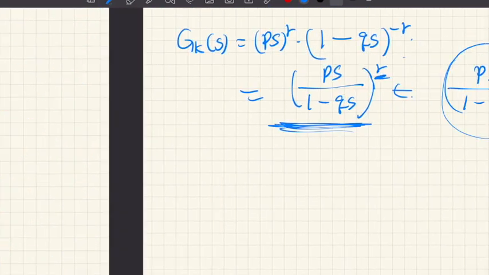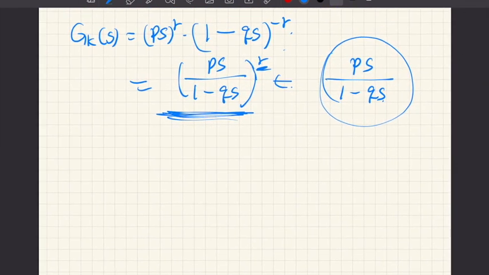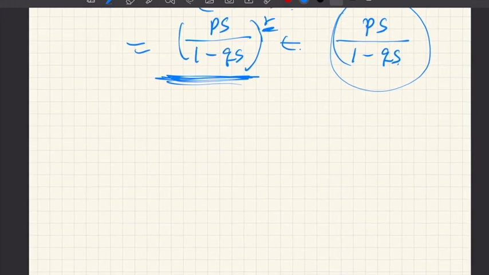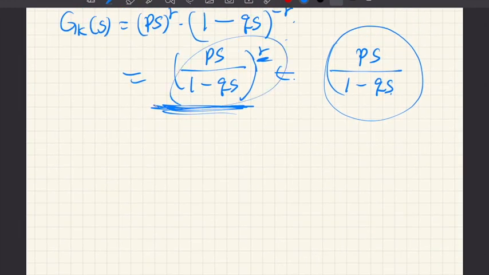So we see similar patterns over and over. And by using this, you should be able to calculate the expectation value and variance of this negative binomial random variable. I don't calculate it here, but you should try.